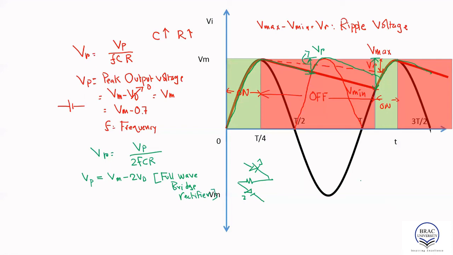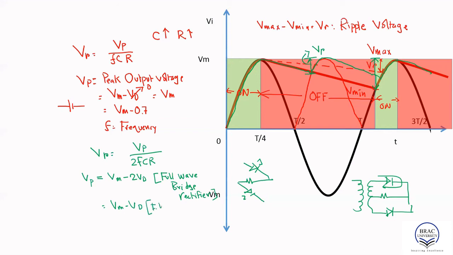How about if you consider a full wave rectifier with center tap transformer? In that case, this is our circuit. For each half cycle, we have to pass through 1 diode. So that means Vp would be Vm minus Vd.